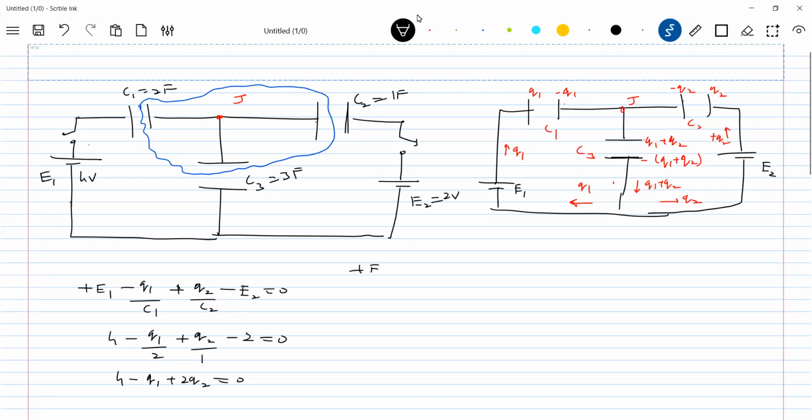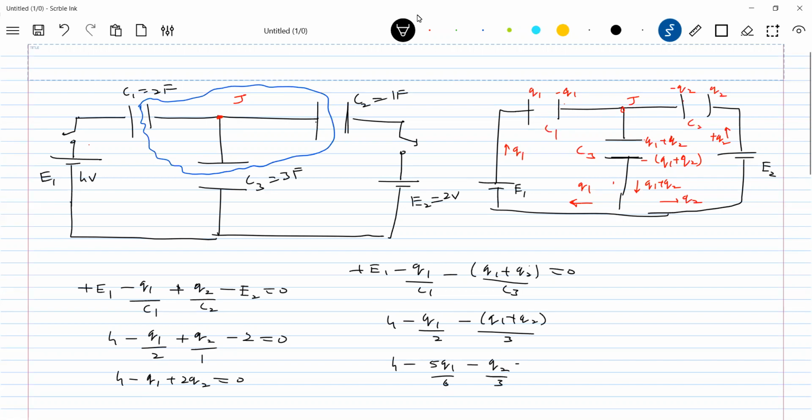So this will be plus E1 minus Q1 by C1. E1 will be 4, C1 is 2, C3 is 3. Four minus, so this will be 5Q1 by 6 minus Q2 by 3 equal to 0.